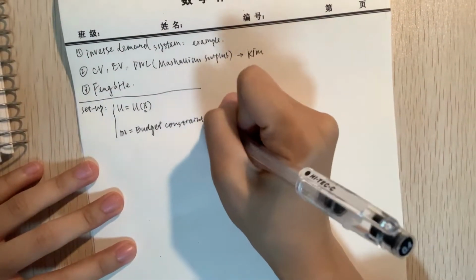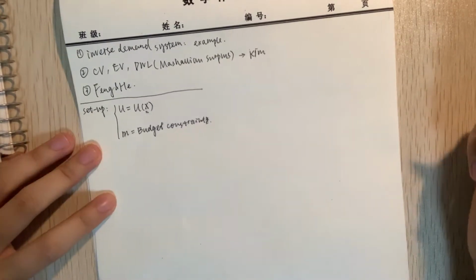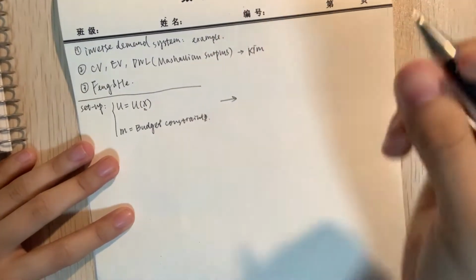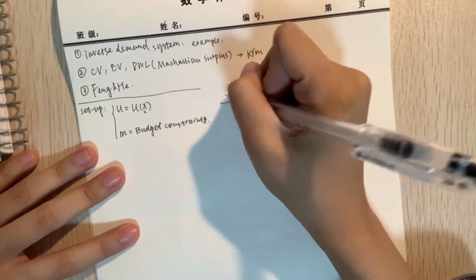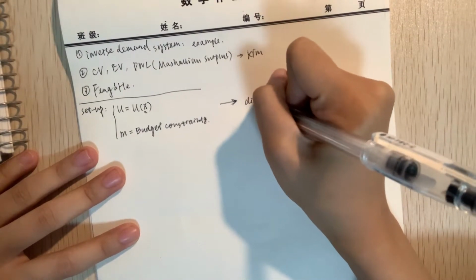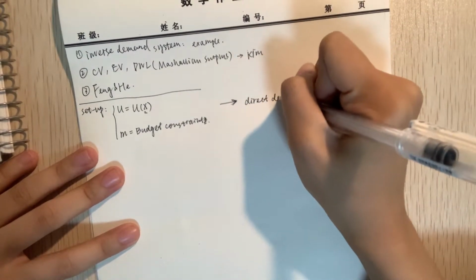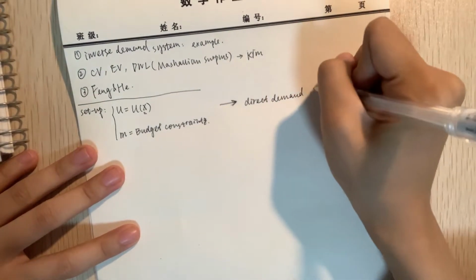With this, we can do two things. The normal way we approach it is to solve the optimization problem, and by that we can get the direct demand function of any goods.